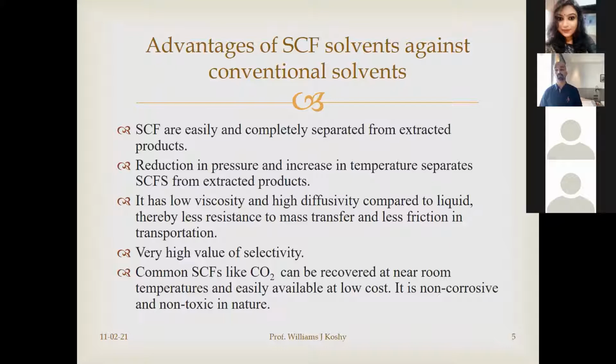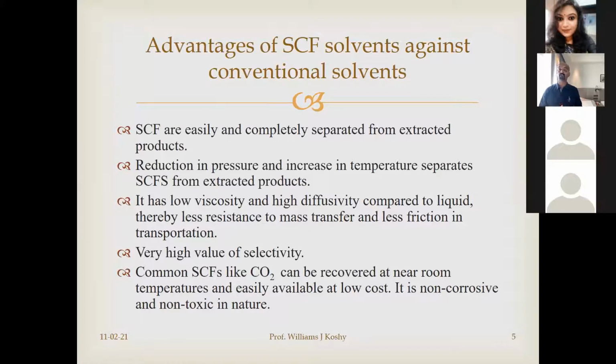Okay. Now, as I said, once you go through the extraction process, after that you have to separate your solvent and solute. At that time, for separation of the supercritical CO2 from your solute, you just need to reduce the pressure slightly and maybe increase the temperature.